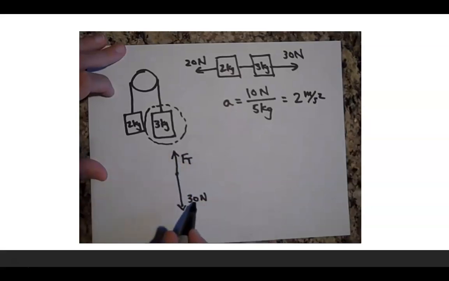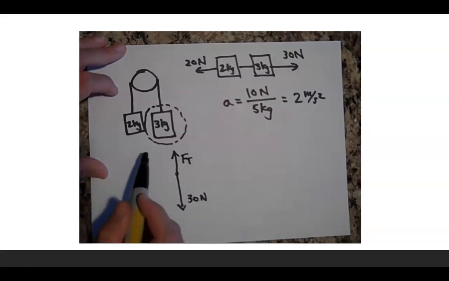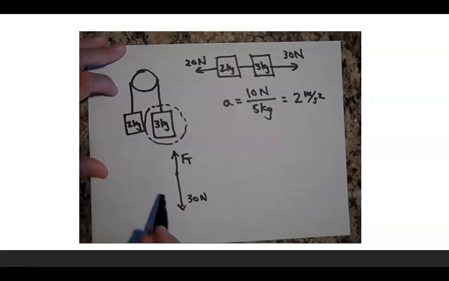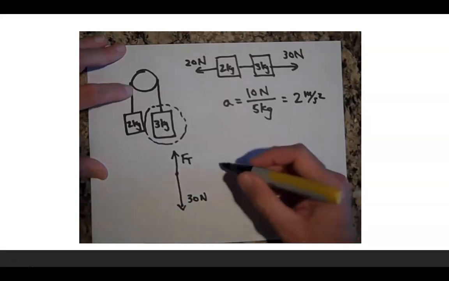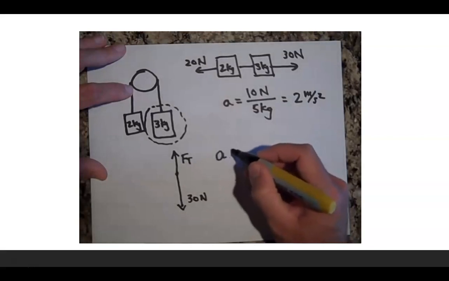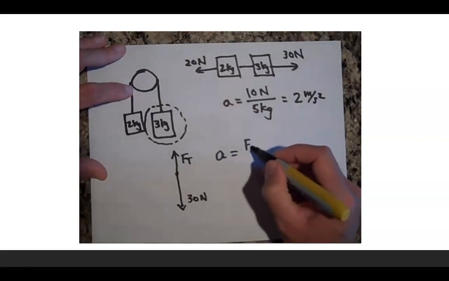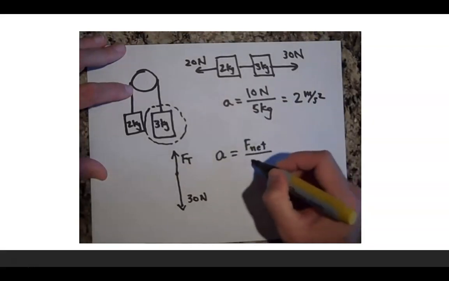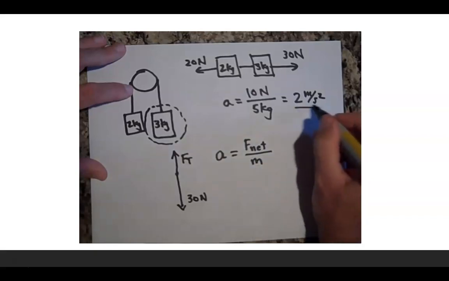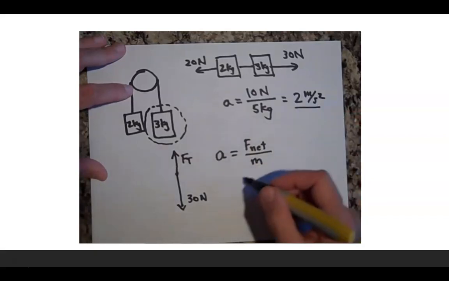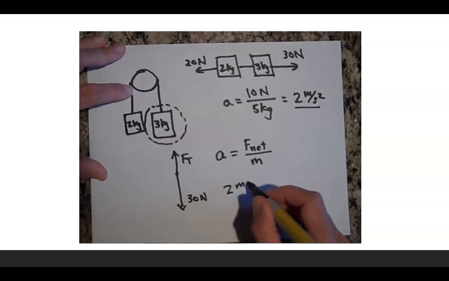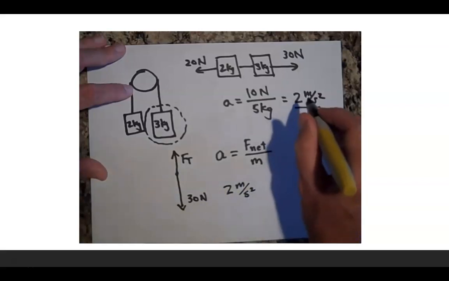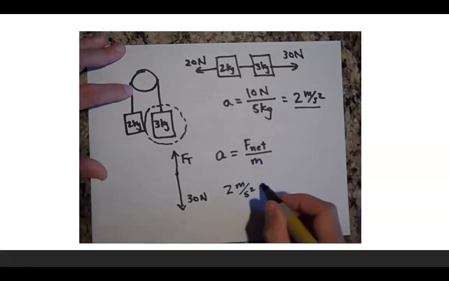Guess which one's bigger, the 30 or the Ft? I kind of gave you a hint. The 30 is bigger. It's because it's accelerating down. Now I just apply Newton's second law. A equals F net over m. So A is 2 meters per second squared. I already know that. Yeah, I had to do that before I could do this.